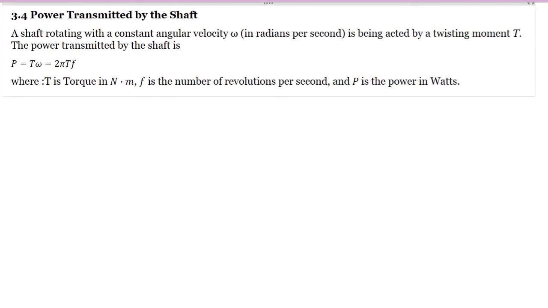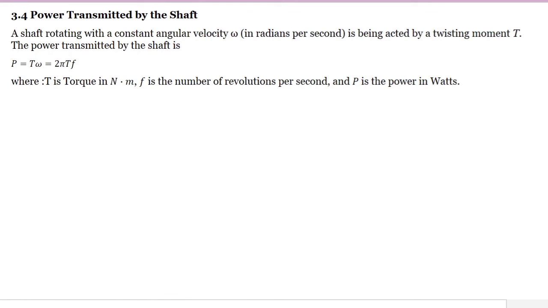Topic 4, power transmitted by the shaft. A shaft rotating with a constant angular velocity omega in radians per second is being acted by a twisting moment T. The power transmitted by the shaft is given in the equation.